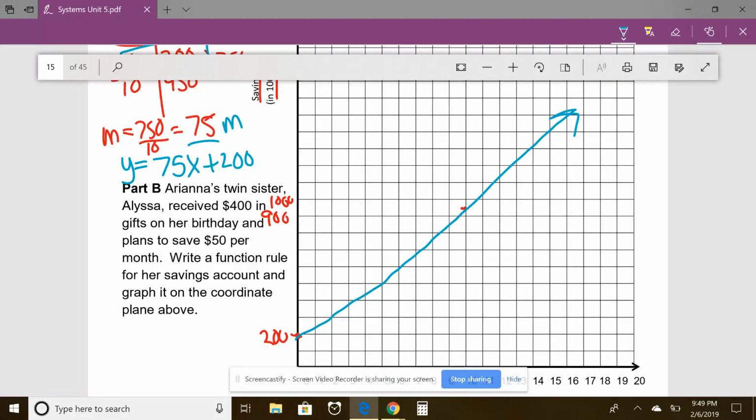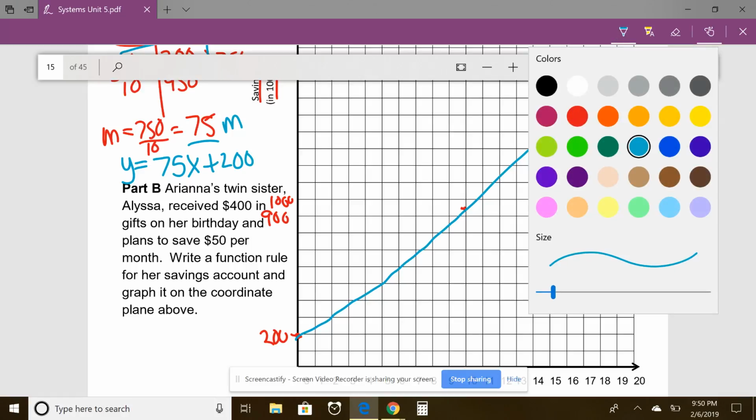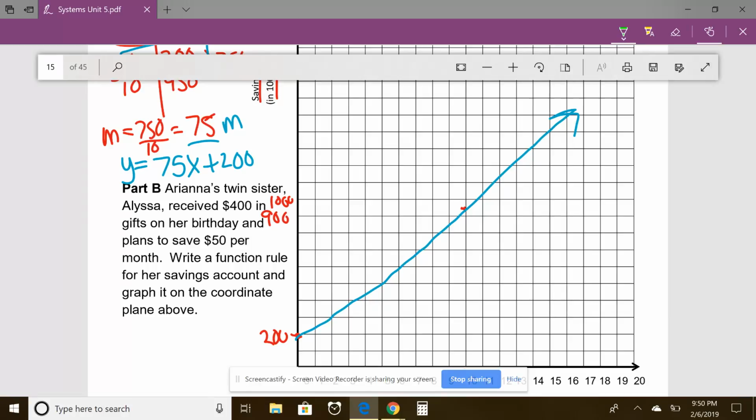All right. Ariana's twin sister Alyssa received $400 in gifts on her birthday and plans to save $50 per month. So I'm going to do hers in green. We're going to go to 400, so that means 4 blocks up, and then go 50 up per month.